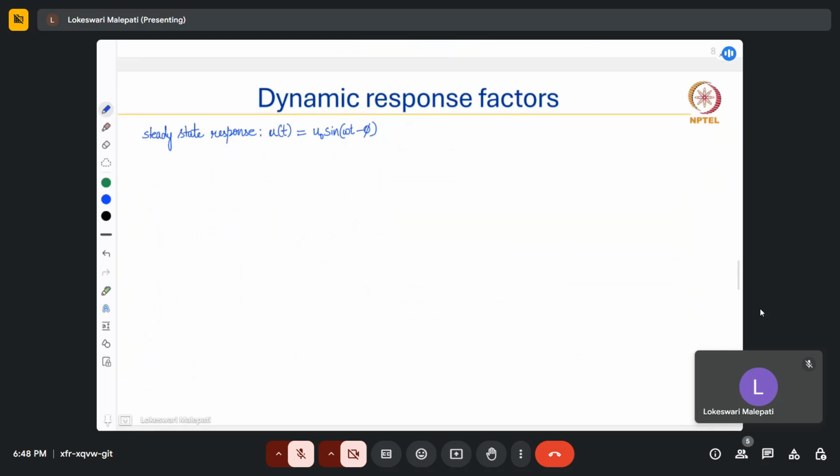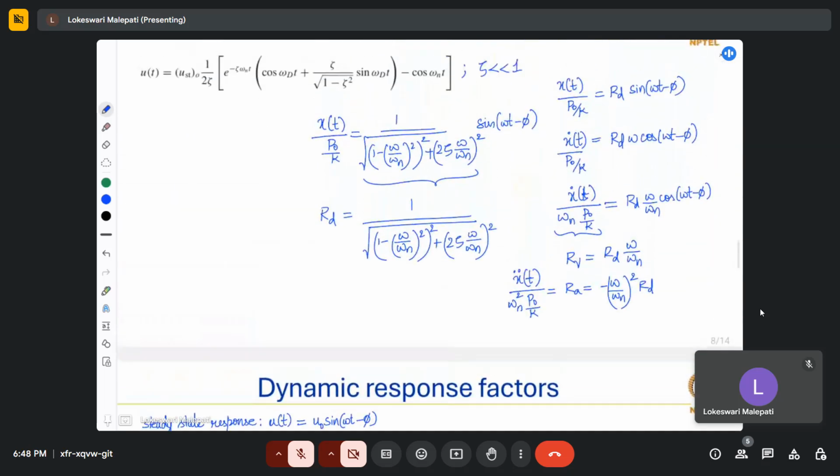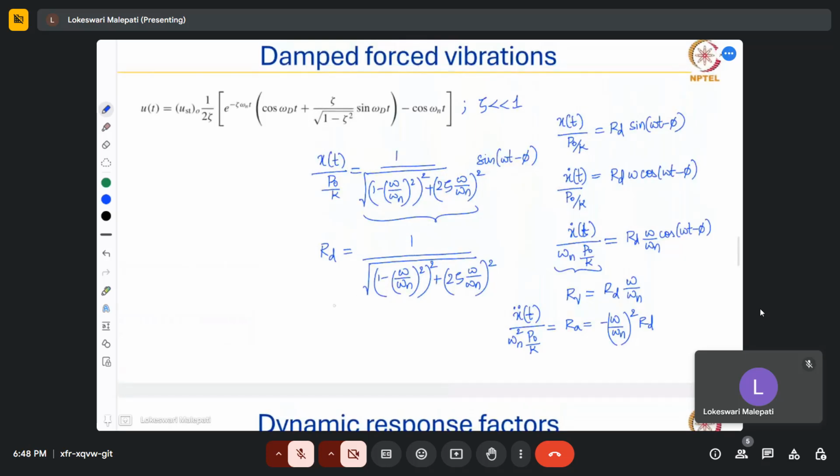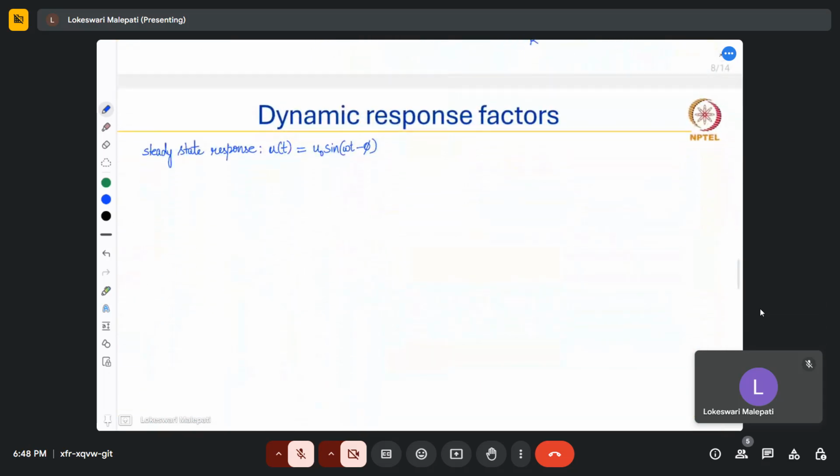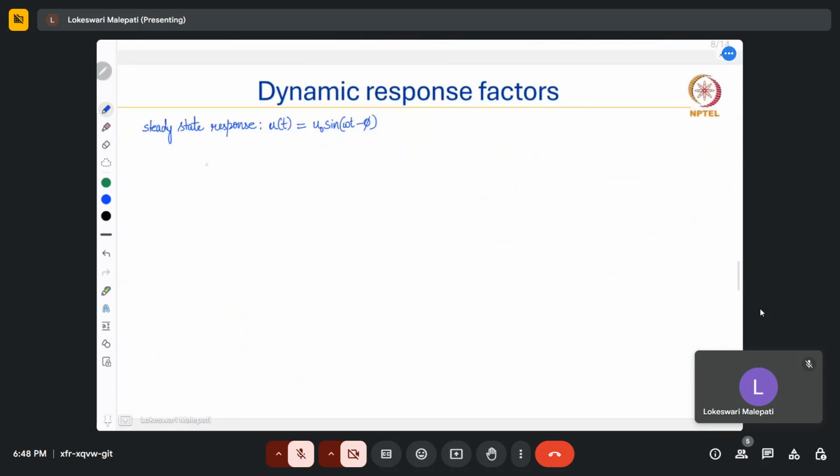So this is what I have explained so far, and we can see that the deformation response factor is dependent on two factors. One is the damping ratio, and the other is the forcing frequency ratio. So normally you would have seen plots for various damping ratios and frequency ratios.